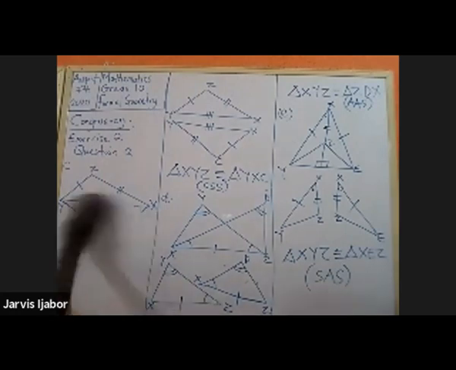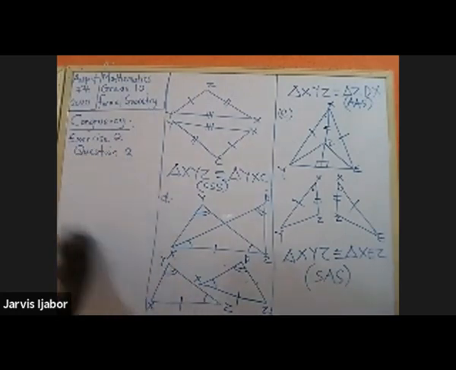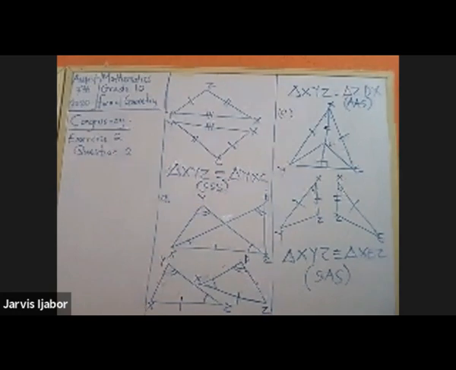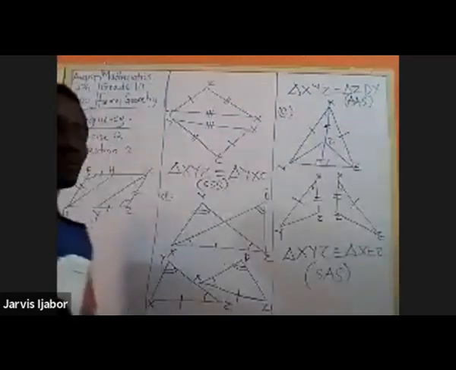So let me see you do F. I'm not rushing today. This is the work we're going to do today. So let me see you do F. And I'll come later to correct. Right.